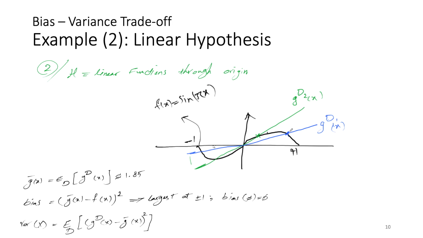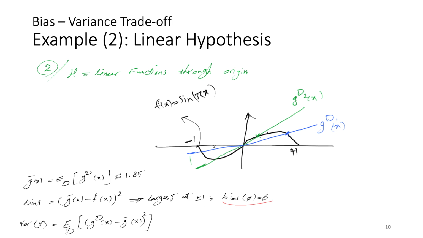In this case, if you compute the g bar as the expected value over D of g d of x, it's going to be sort of around 1.85. And you see that the bias varies here. They are the largest at two extreme points, +1 and -1. And at 0, because these are passing through the origin, which happens to be the passing point for the unknown function, the bias is 0, right?